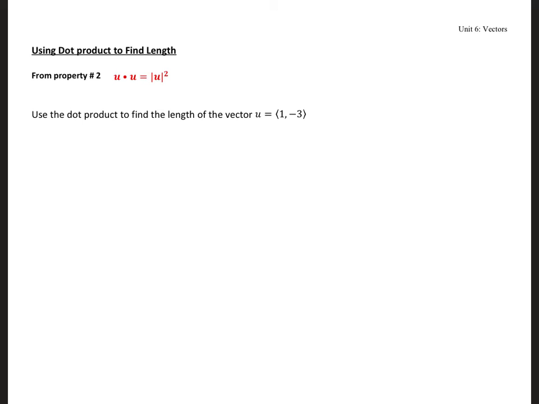I can use the method we used earlier, where the magnitude of u is simply 1 squared plus negative 3 squared, and find the square root, which is equal to the square root of 10.